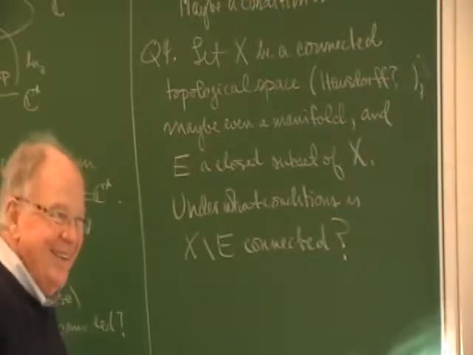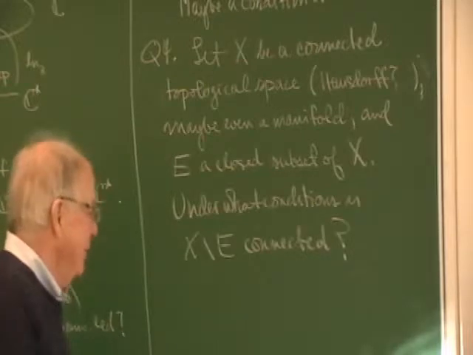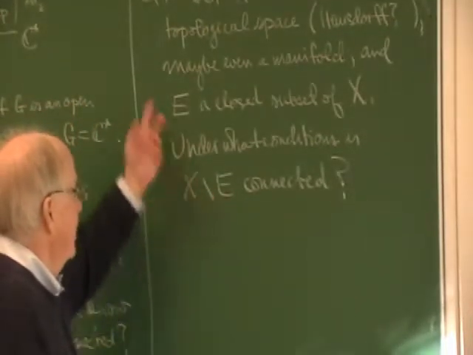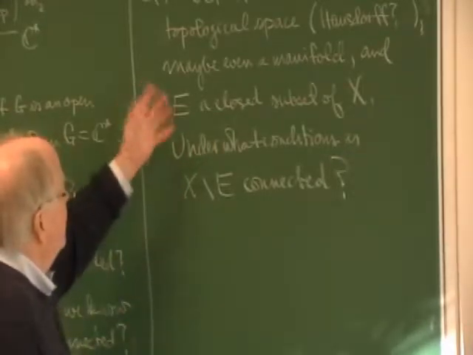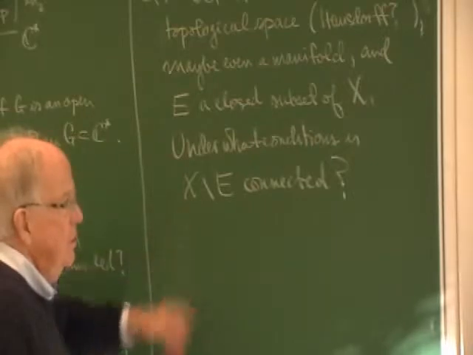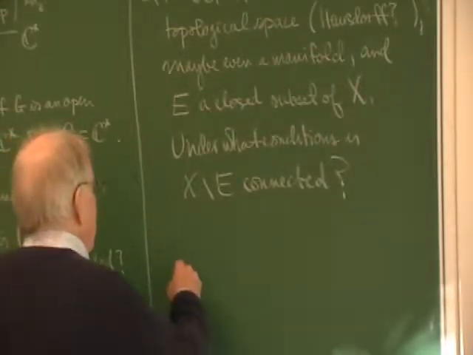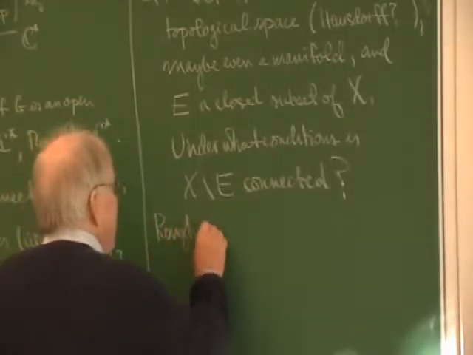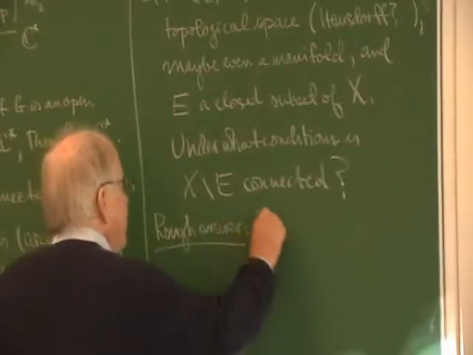Right? Well, okay, 2 points, but nah, closed subset. Certainly you want closed because the complement should be open in a nice topological space. So that's an interesting, maybe even hard question. Rough answer, that anybody, I write this on my scrap paper, rough answer, E should be small.